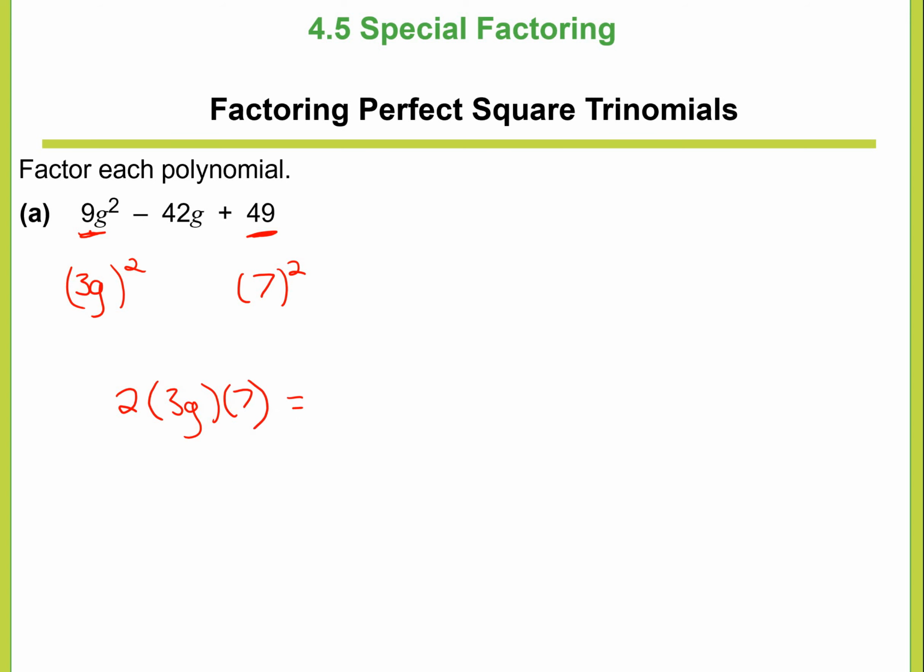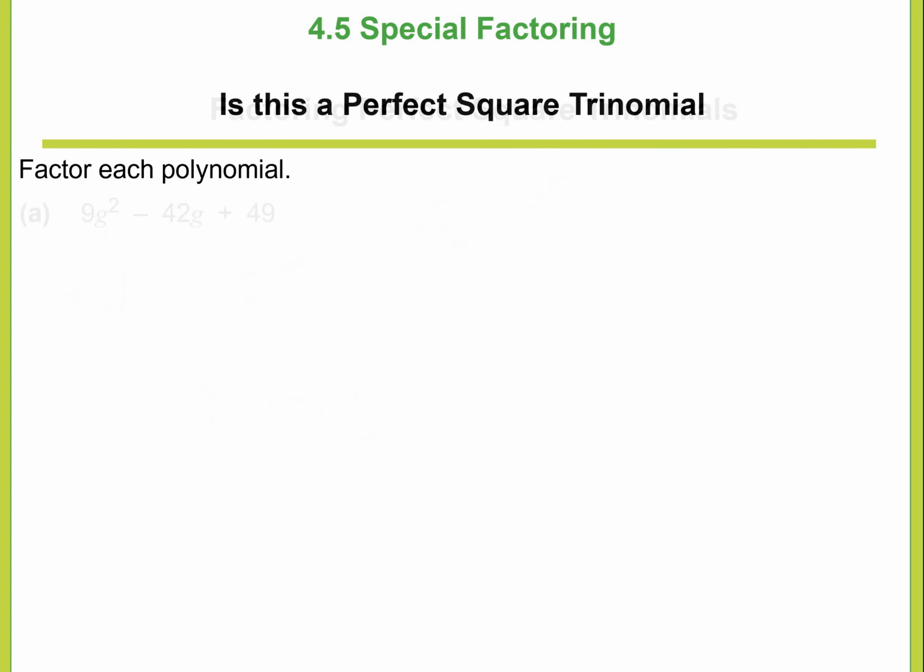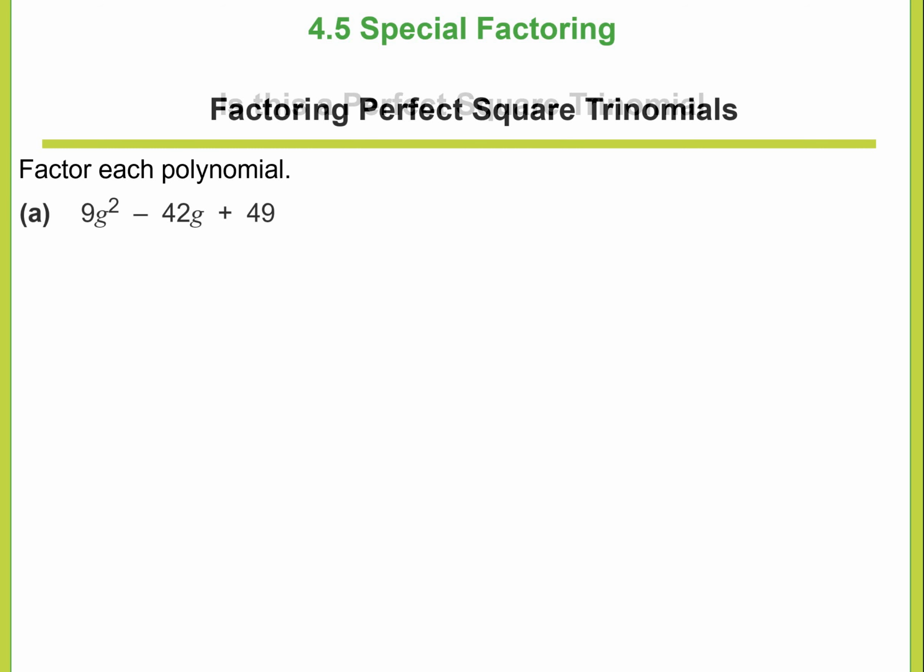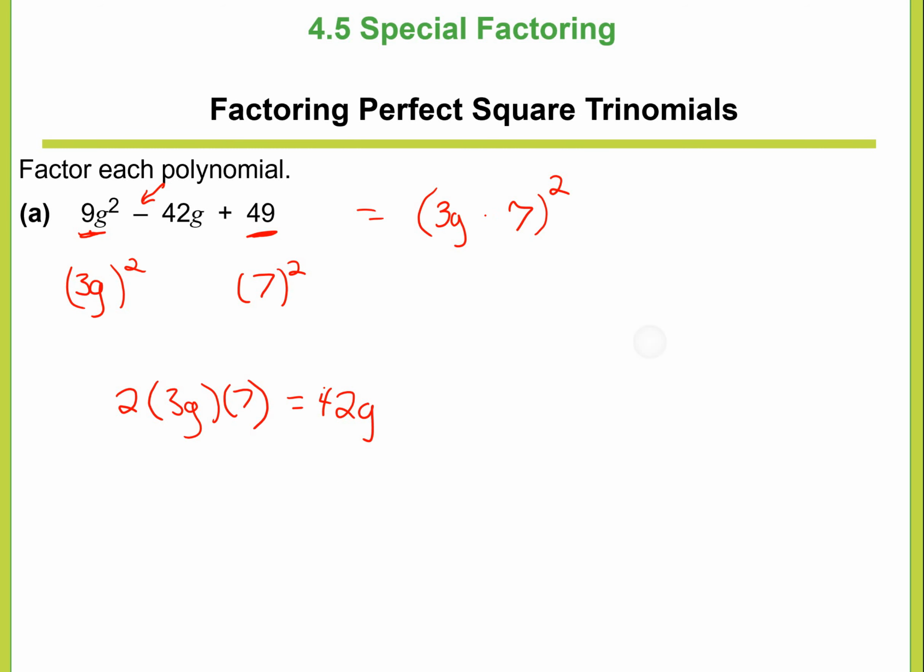So this comes out to 21 times 2 or 42g. So it does in fact equal that. Therefore, this is a perfect square. So it's going to be 3g and 7. And because this is a minus, that means there is a minus here. And you are done.